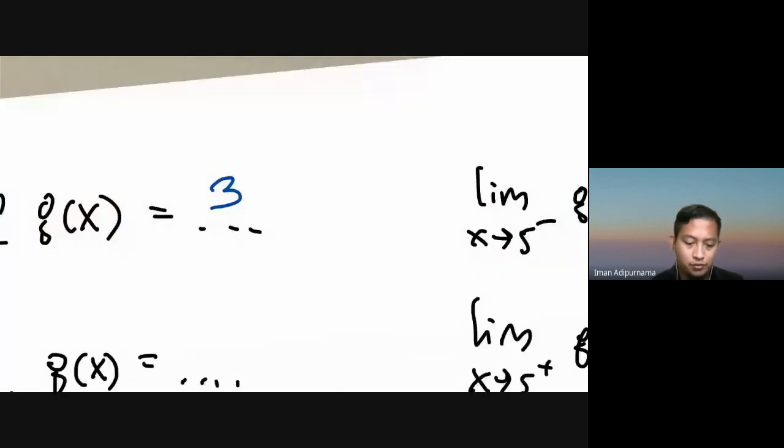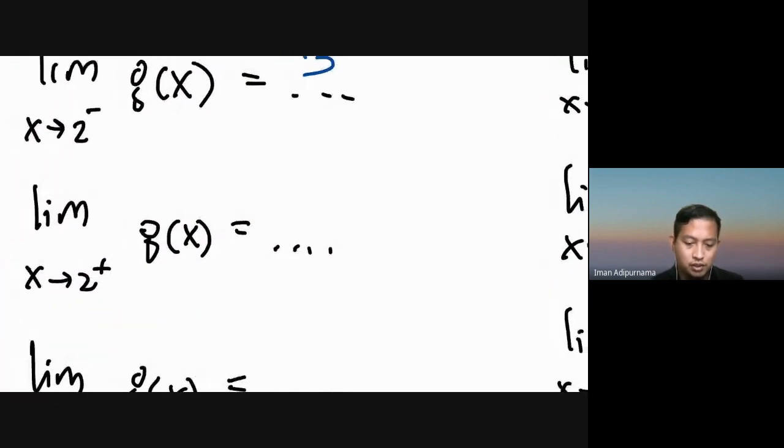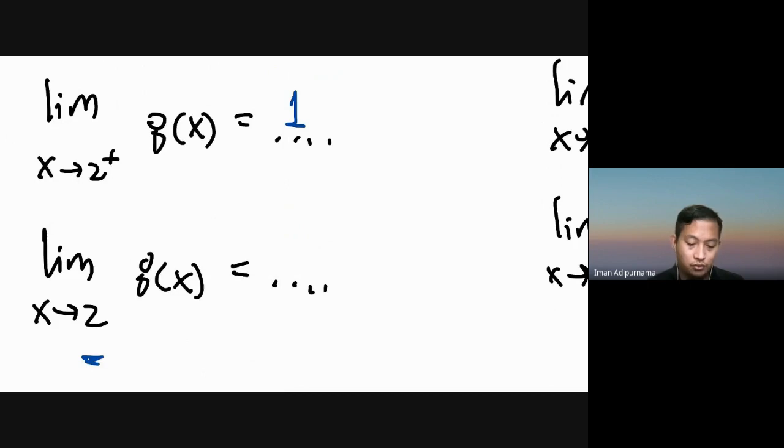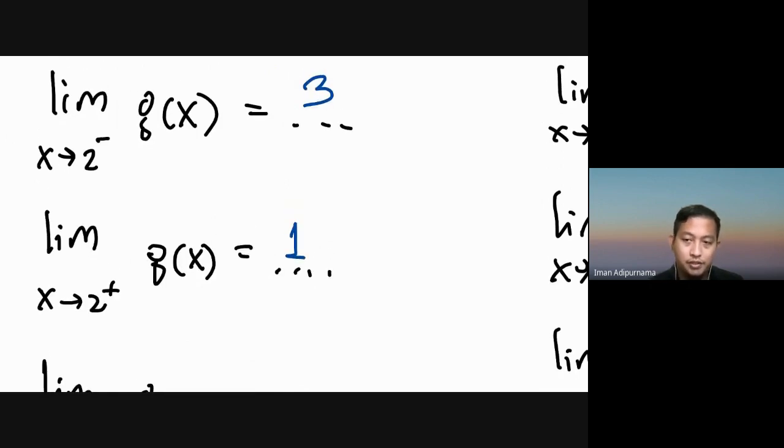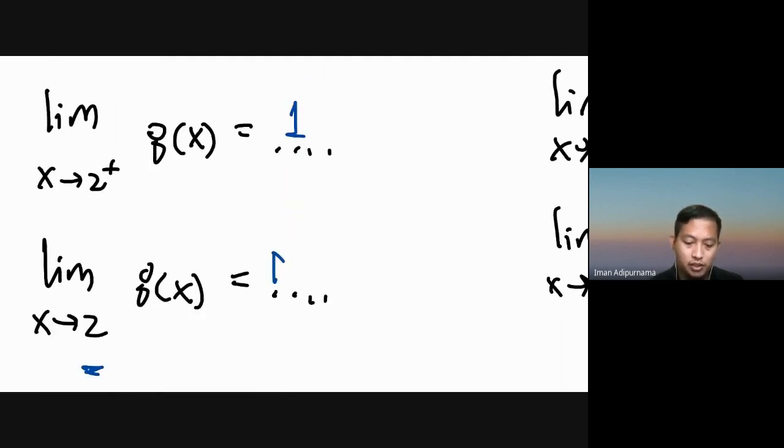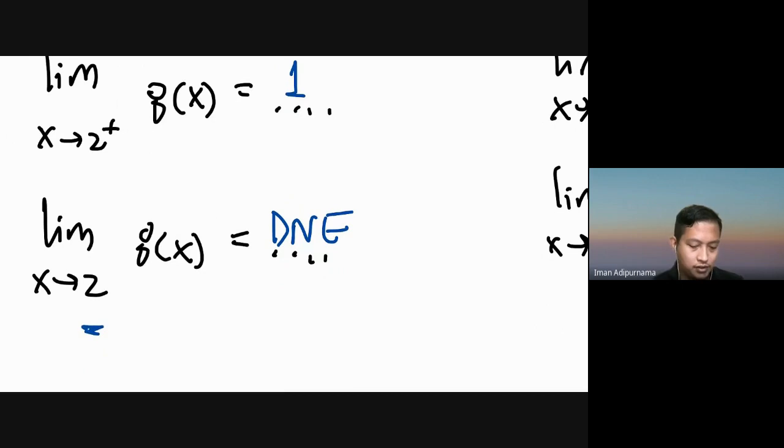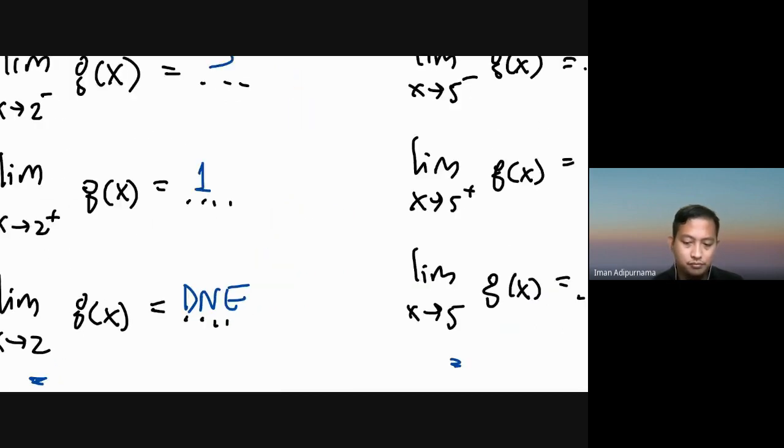So approaching 2 from the right, the limit results in 1. So the conclusion, because it has two different answers, we can write DNE. So the limit doesn't exist.